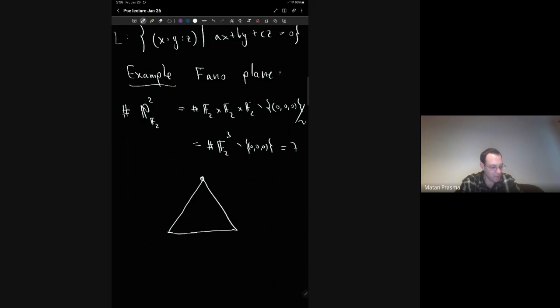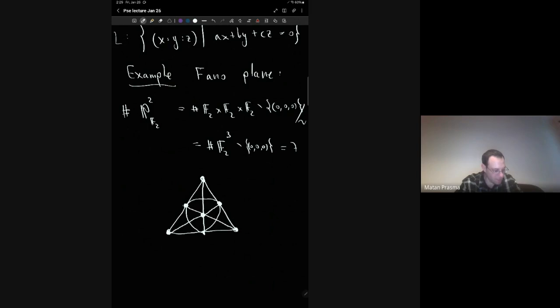You have 3 points here, 3 points here, and 1 point here. You draw a circle like this, and a line like this, a line like this, and a line like this.